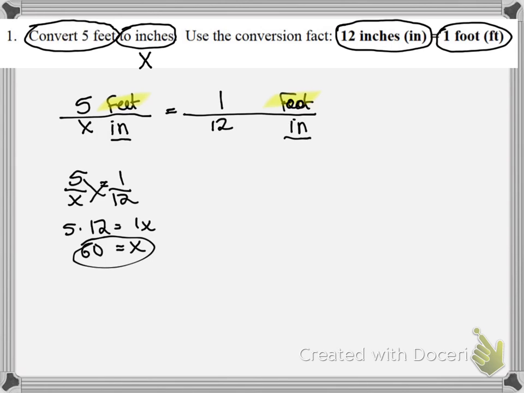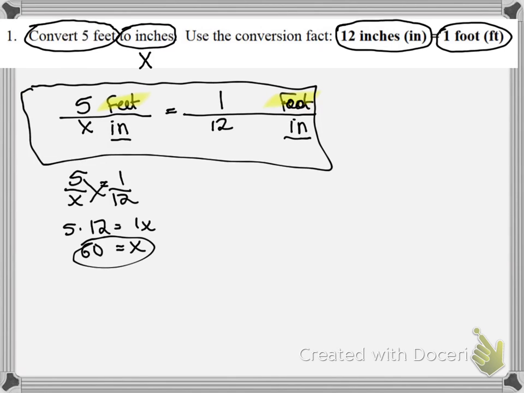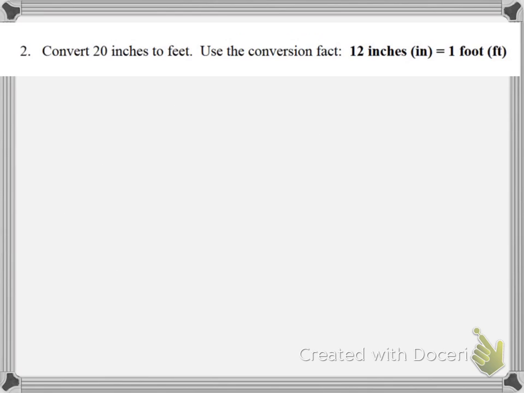So even if you could do this in your head, even if you could do it without showing work, you still need to get into the habit, into practice of setting up the problem like this and writing it as a proportion and then using cross multiplication to solve the proportion. All right, let's keep going.